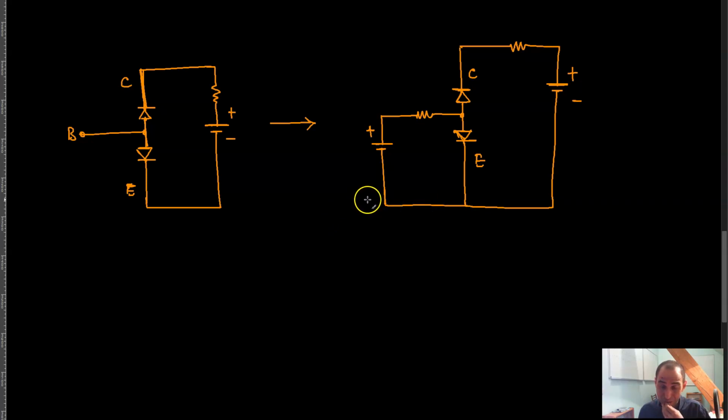Now what happens internally in the transistor, the transistor of course being NPN? You have some P material over here, and some N material over here and over here.